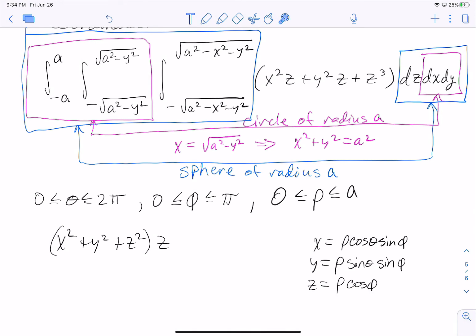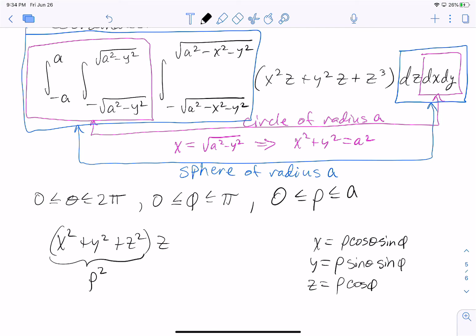I've seen them square all three of these, add them together, and then either successfully or not try to simplify the thing. Folks, what they've done is they've blown right past the fact that x squared plus y squared plus z squared is equal to rho squared. Go for the path of least resistance.